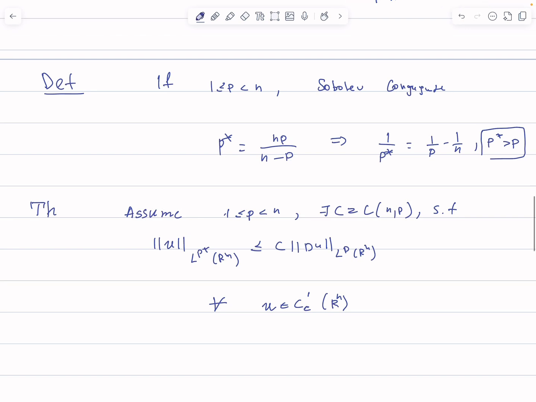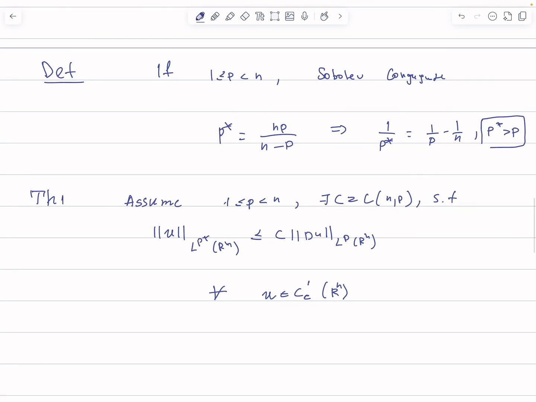Okay, this is the theorem, the Gagliardo-Nirenberg inequality.